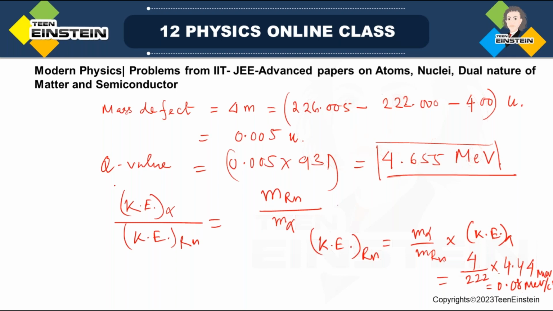Okay, so what is the energy of the gamma photon? The gamma photon is released taking the rest of the energy. So the total Q value is shared by the alpha particle and the daughter nucleus radon.